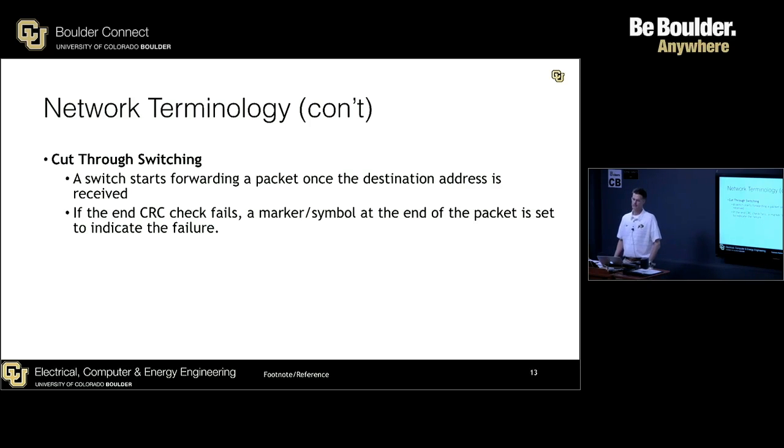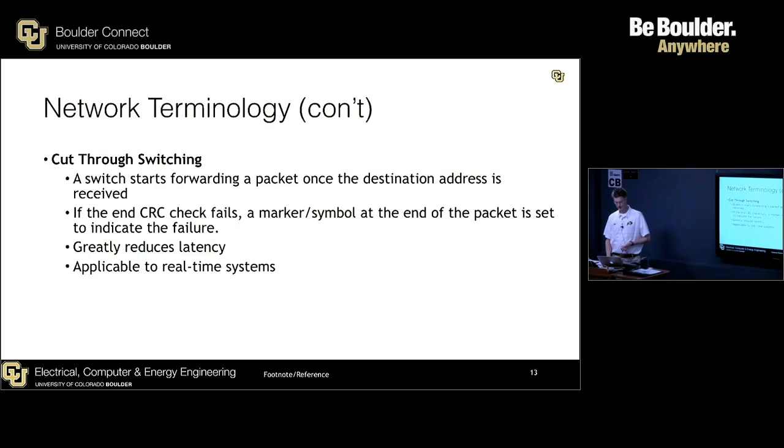There's different terminology that's used, but the last handful of symbols at the end of the packet have to be marked bad in some way so that the receiver at the other end of it, even though they started to receive it, realizes that when that end set of symbols gets there that packet was in error, and they may generate a NAK back to the sender, and the sender then can retransmit it. But it's a big boon, a big help, a big assistant in reducing overall system latency. And as such, applicable to real-time systems where you're concerned about latency.